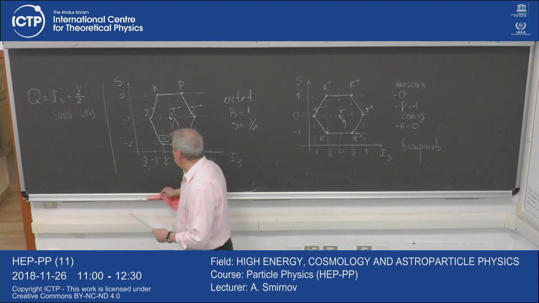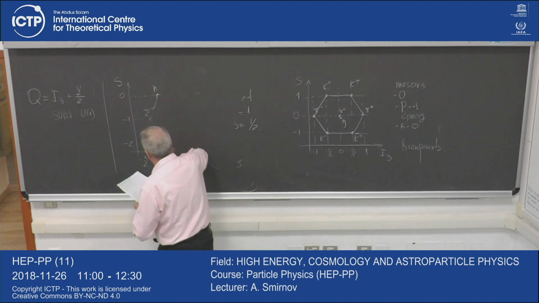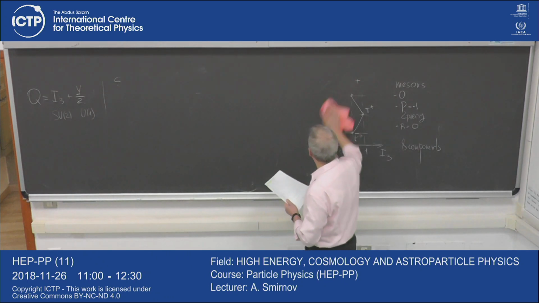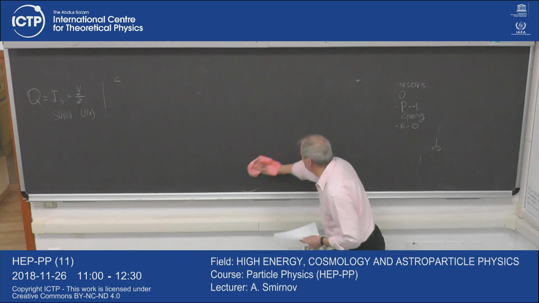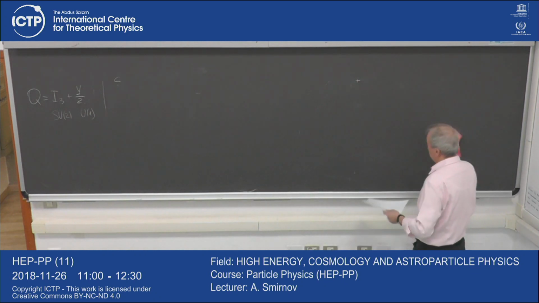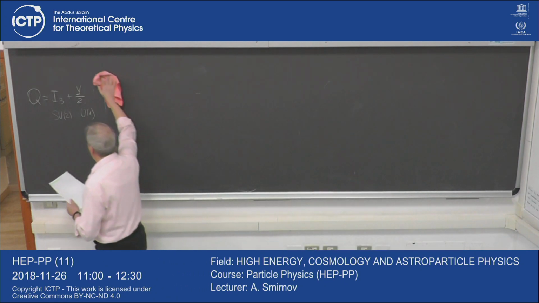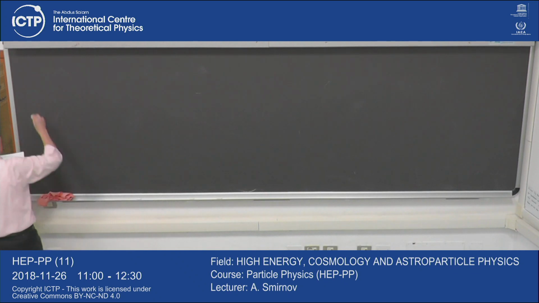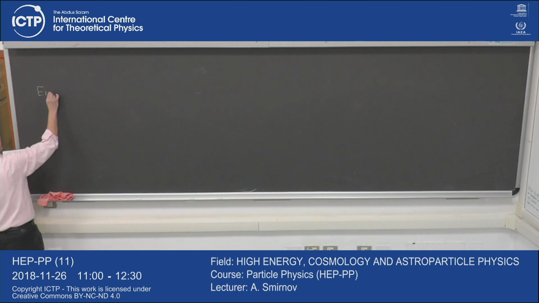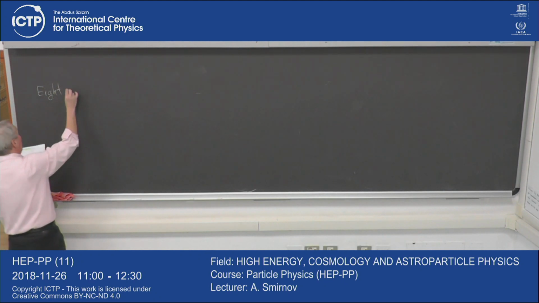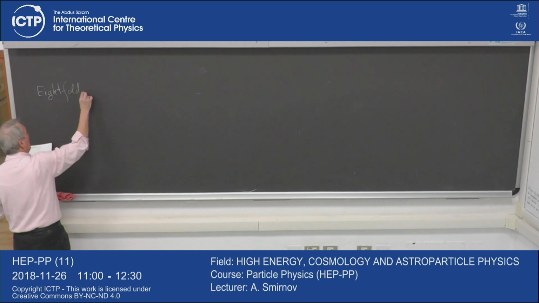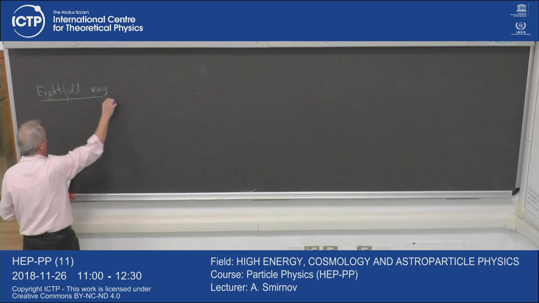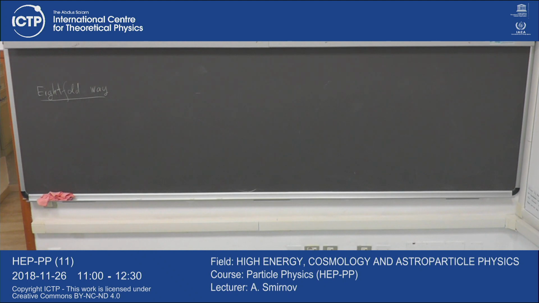Okay, so let us move further. We have this picture, and then what was interesting is why particles form these octets, whether this is accidental or not, or maybe there's something interesting behind this structure. The development was what we called the eightfold way, worked out by Gell-Mann in particular.